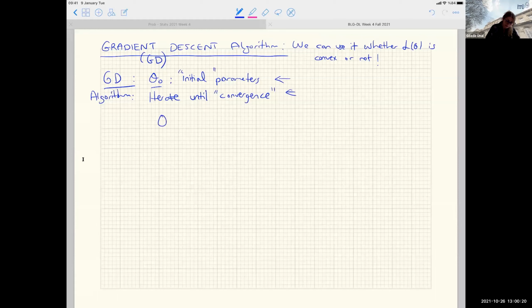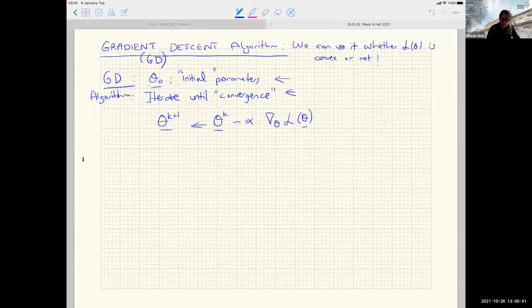But the general form of gradient descent, we know: theta k plus 1, the next iteration, is theta k, the previous or current iteration, minus some step size parameter times the gradient of L theta.